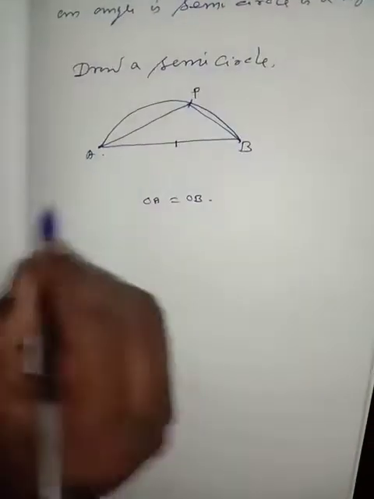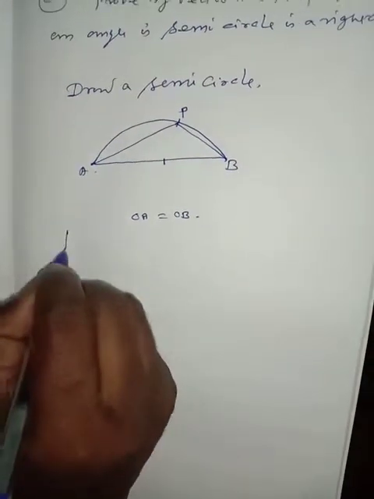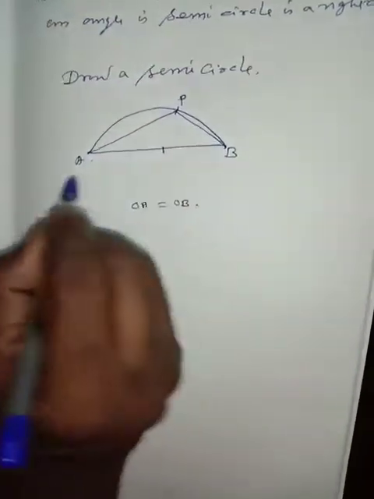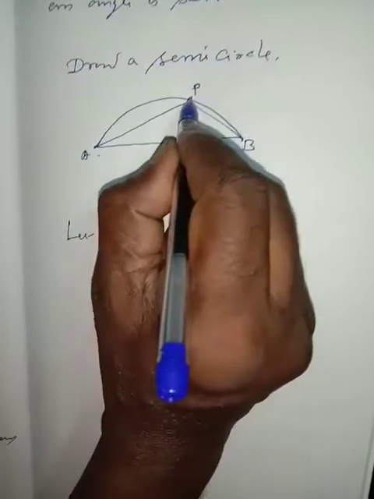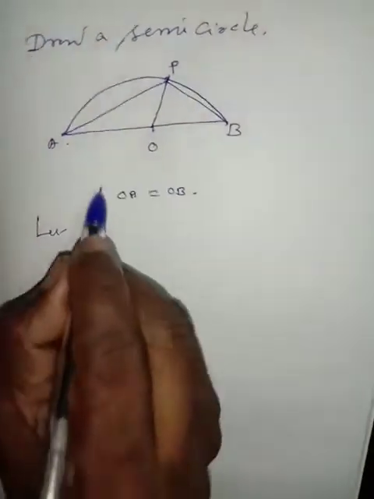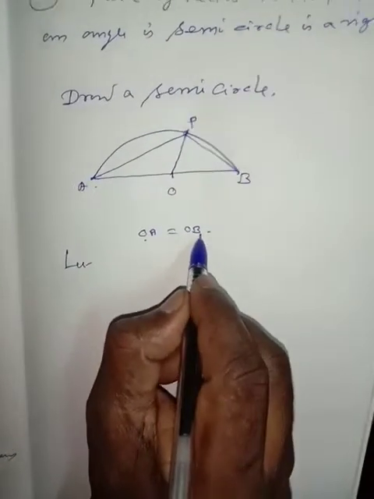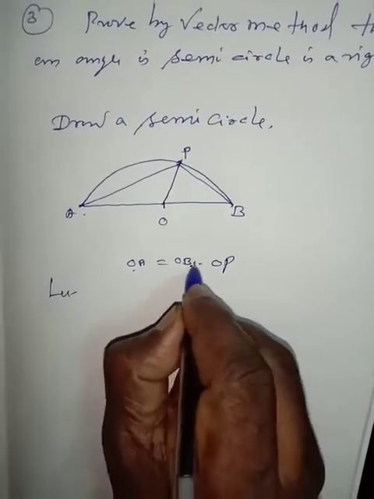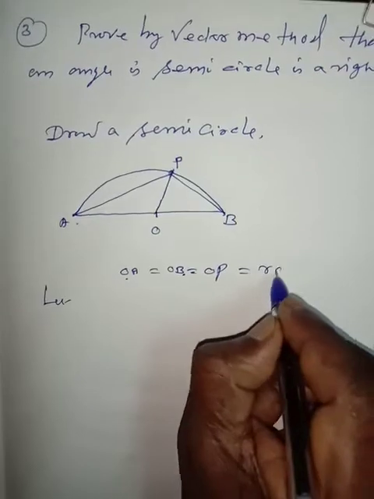Therefore, O is the midpoint of AB, join PO. Now OA is equal to OB is equal to OP, which is equal to the radius.